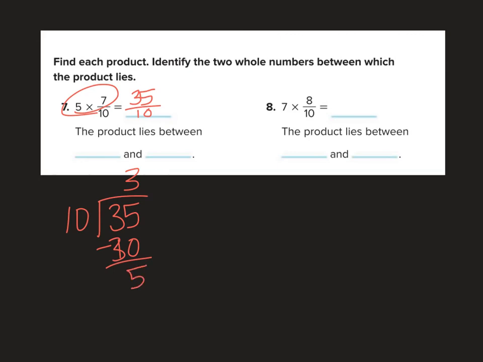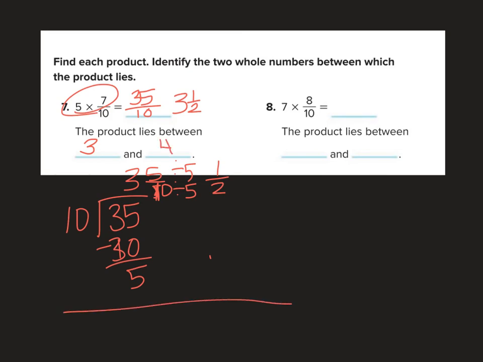I have 5 left over. 3 5/10. Hopefully you're starting to get to a point where you see 5 is half of 10, so that can be reduced to half. If we're not quite there yet, we're still going to divide by 5, and notice that this is 1/2. So our final answer is 3 1/2, and 3 1/2 lies between 3 and 4.